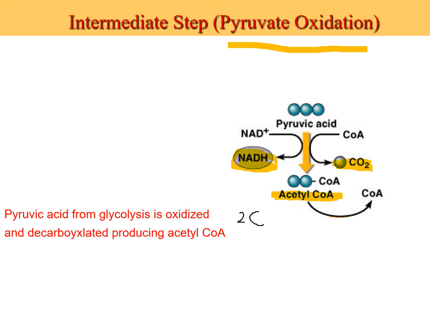We had 2 3-carbon pyruvic acids, we end up with 2 2-carbon acetyl-CoA molecules. The rest of the carbon is lost as CO2, and NADH is produced. That's pyruvic acid oxidation to form acetyl-CoA.